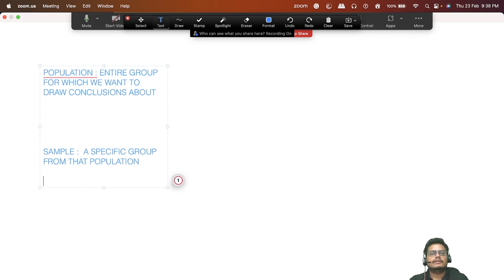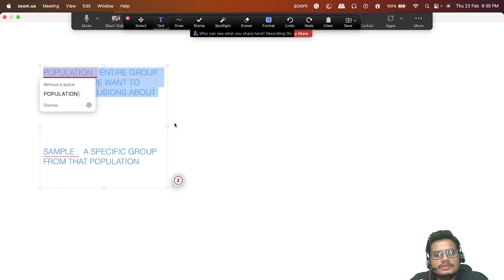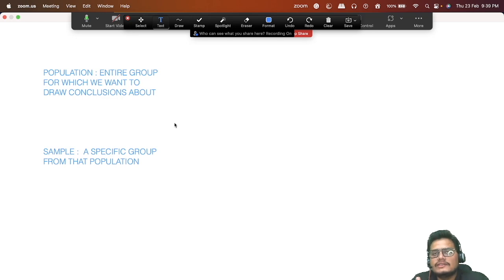It will be sample. Let's take an example. आपके बैच में 40 स्टूडेंट्स हैं. I randomly take 5 participants. ठीक है, तो अब आपके केस में सैम्पल साइज क्या, मेरा 5. सो दैट्स अ सिंपल डिफरेंस बिटवीन पॉपुलेशन एंड सैम्पल. पॉपुलेशन क्या है, आपका एंटायर ग्रुप फॉर विच वी वांट टू ड्रॉ कंक्लूजन्स अबाउट. एंड सैम्पल क्या है, उसी ग्रुप में से एक मैंने छोटा सैम्पल ले लिया.